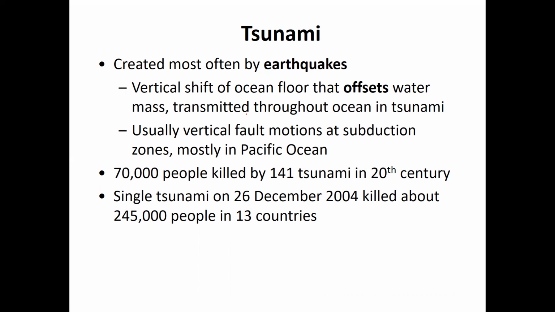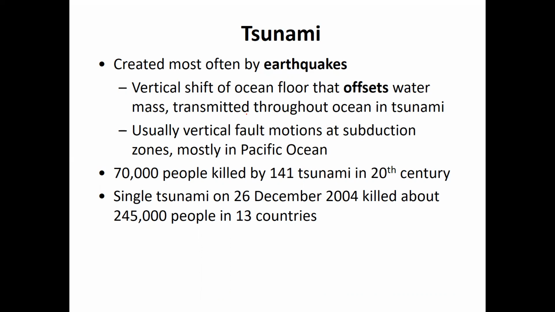Where a dip slip fault, either a normal fault or a reverse fault, has the hanging wall or the footwall moving up or down, that causes a vertical shift of the ocean floor and offsets the water mass above it. And that is what triggers the tsunami.